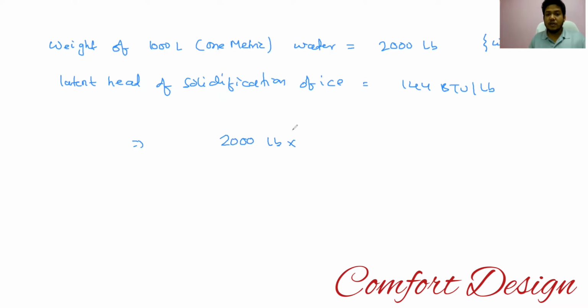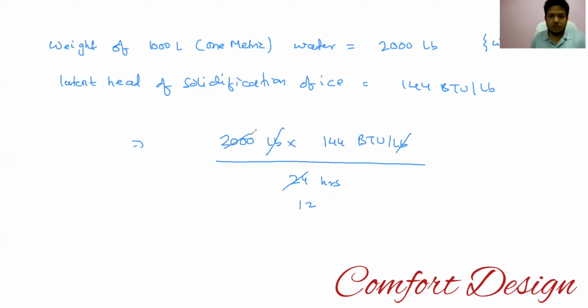It is converted into ice, so we will use the latent heat of solidification, 144 BTU per pound, and the time it takes is 24 hours. This pound is cancelled, 12 to 1000, so it will come as 12,000.